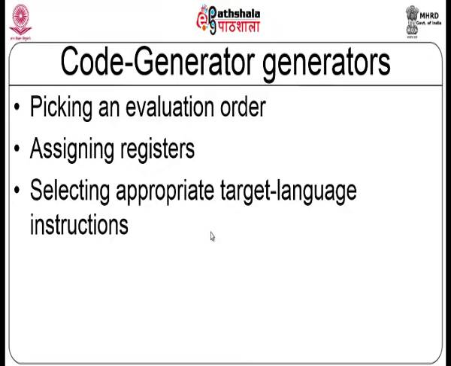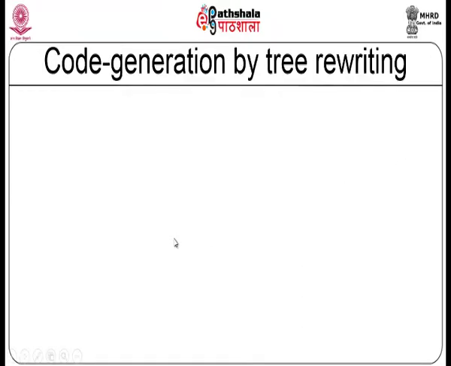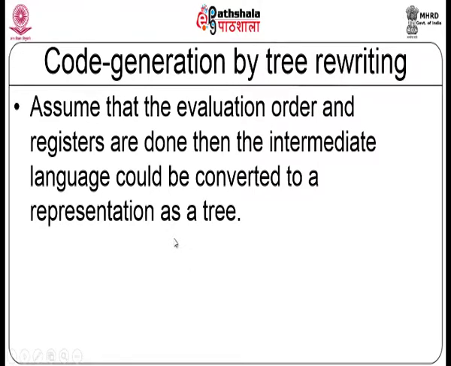So the simple code generator had to define some data structures, etc. So rather than that, can we do a template based approach is the next approach to code generation we are going to talk about, where it is done by using what is called a tree rewriting based approach.